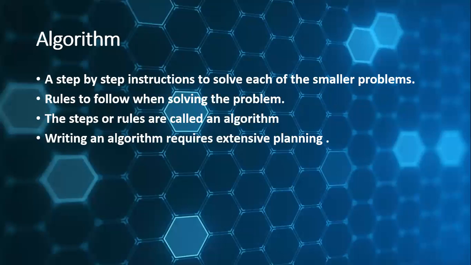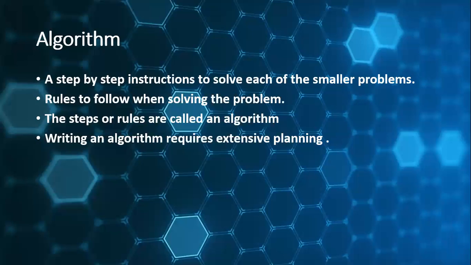So up till now, we have broken down a problem into smaller, easily manageable problems. We have identified similarities between those smaller problems. And now we have also focused on the relevant details and ignored all irrelevant ones. Now it's time to develop step-by-step instructions to solve each of the small problems.